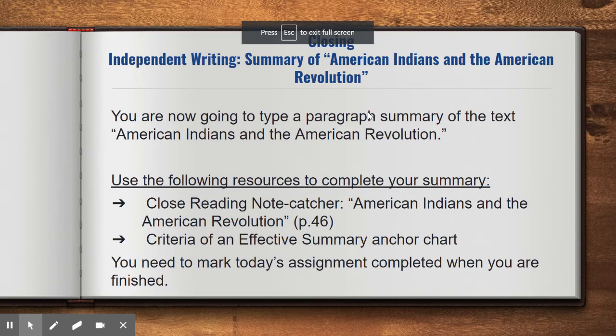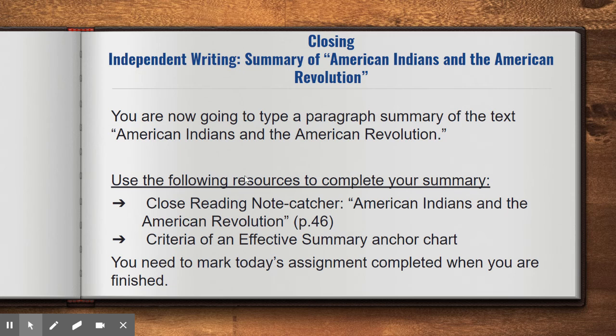Okay. Last, you are going to take your module workbook and write a summary, or you're going to type a summary. My students personally, you're going to be typing a summary of American Indians and the American Revolution. We've been doing this. This is not new.